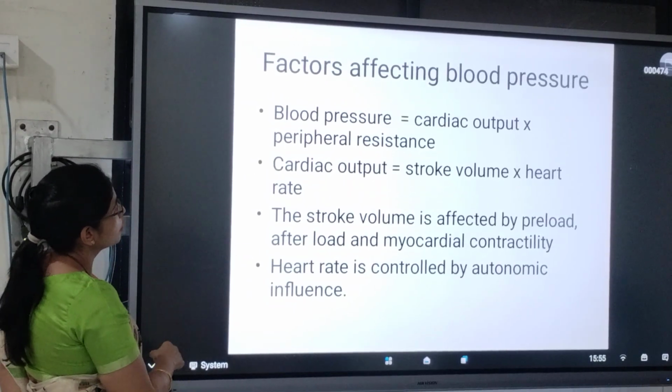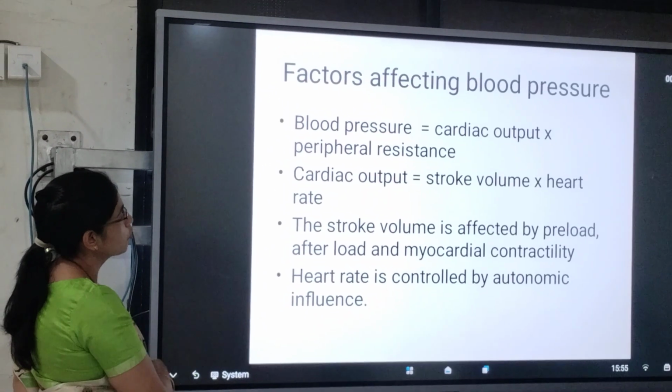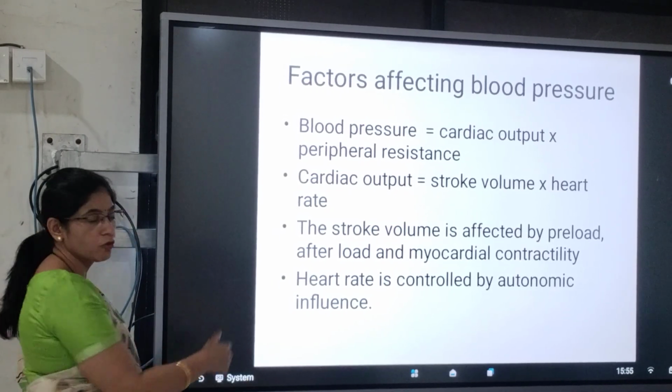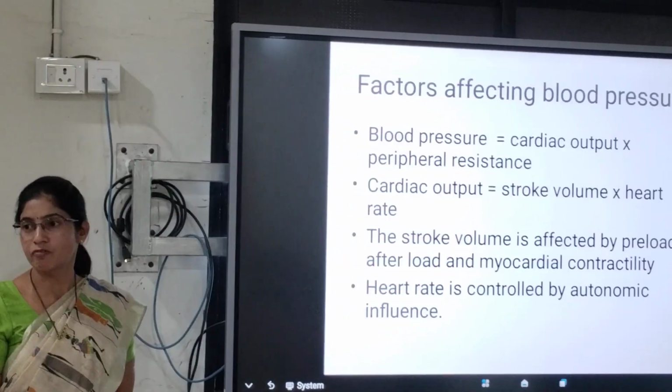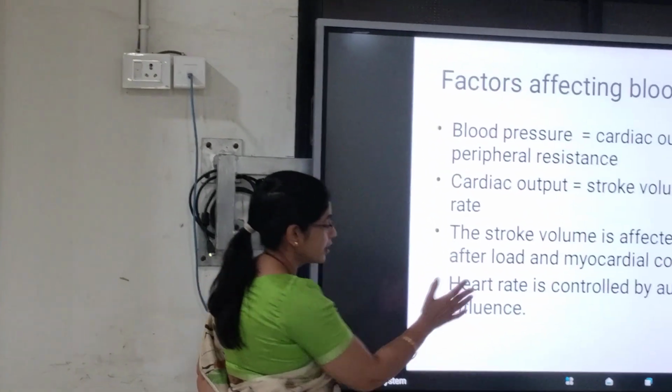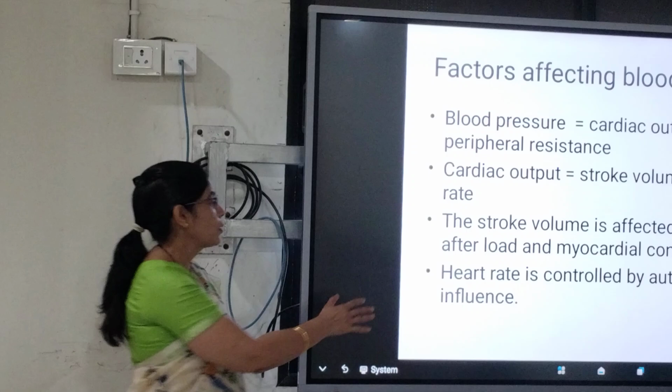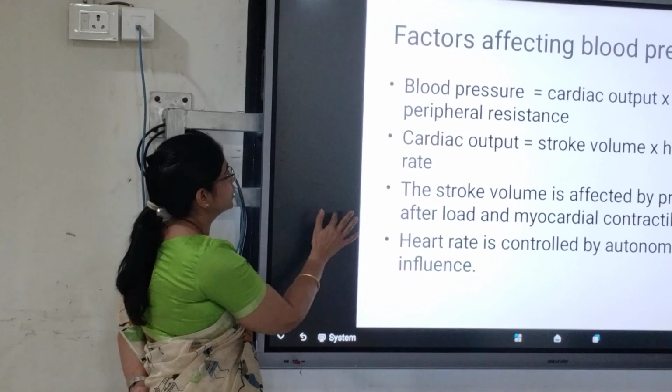So the factors affecting the blood pressure are cardiac output, peripheral resistance and stroke volume, and stroke volume is affected by preload and afterload. Heart rate is controlled by the sympathetic and the vagus nerve. So all this will affect the blood pressure.